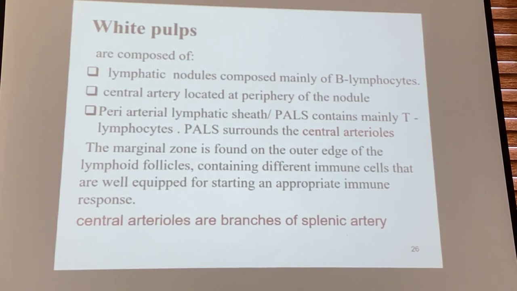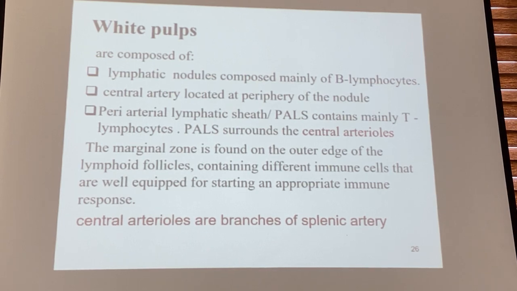Let's see the composition of the white pulp. They look like the lymphatic nodule of the lymph node, composed mainly of B lymphocytes. So white pulps are lymphatic. They contain lymphatic nodules with B lymphocytes, and at the periphery of each white pulp there is a branch of the splenic artery called the central artery.